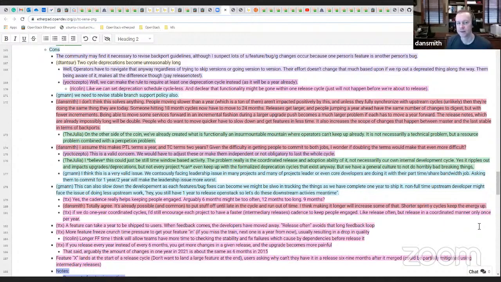So I don't know. Based on the way Julia described it, and maybe it was just the wording, I worry that it's a perception thing and not like, well, we tried this for 6 cycles and we got burned 3 of them, so we don't want to do it anymore.